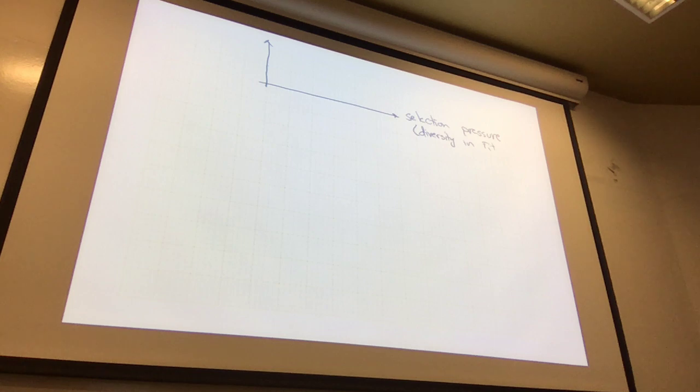And I want to underline fitness, not necessarily genotype. And then I've got the effectiveness of the optimization algorithm.